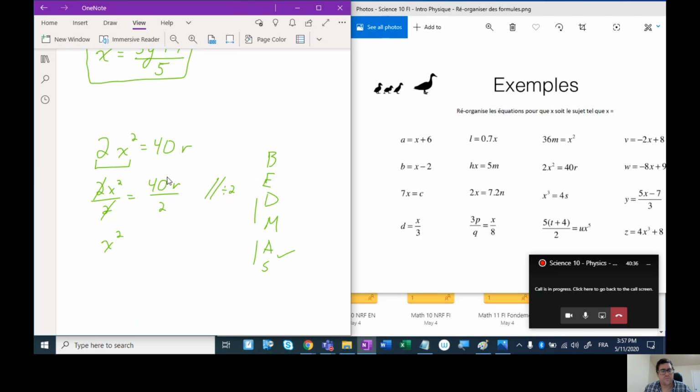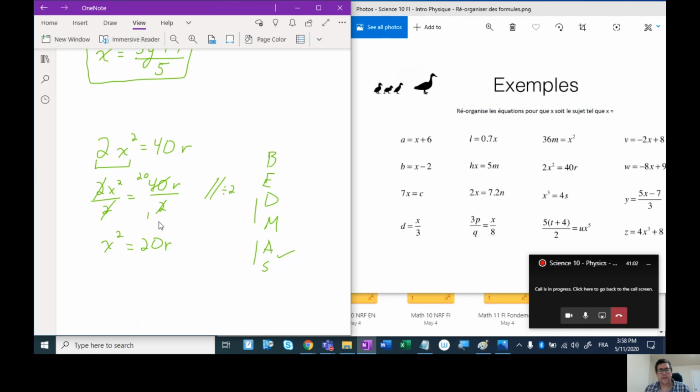If I do a good math job, 40 and 2 can be simplified into 20 and 1. And so that's also what's happening. 20r divided by 1. You don't need to write that. You don't need to write divide by 1.